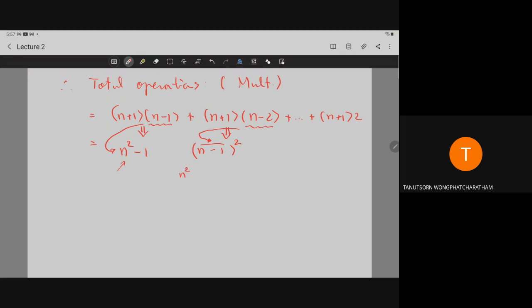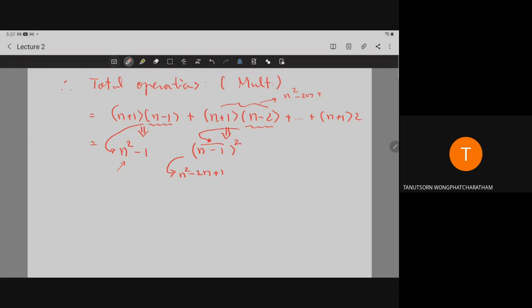So this one is n square minus 2n plus 1, right? But up here, this is n square minus 2n, right?